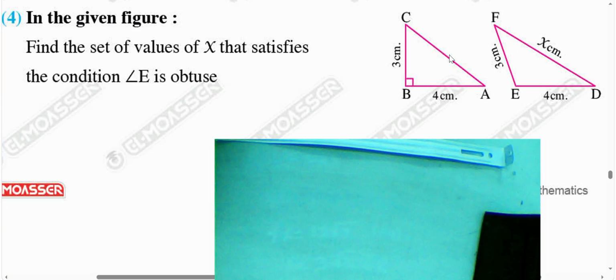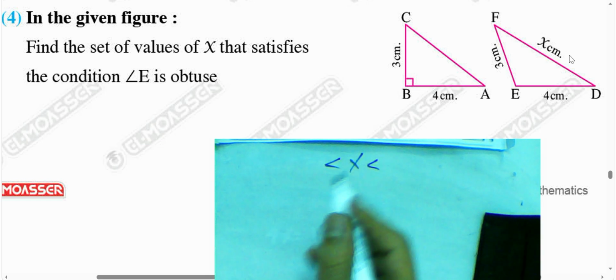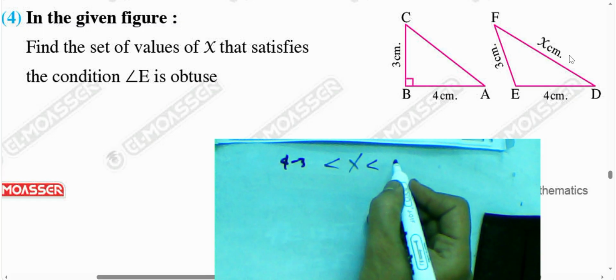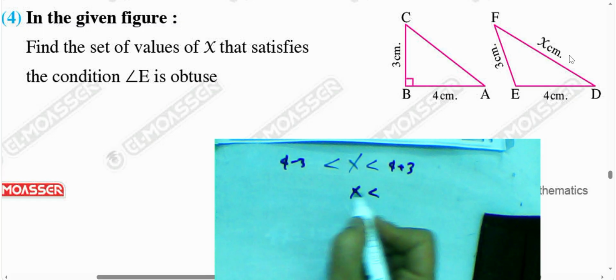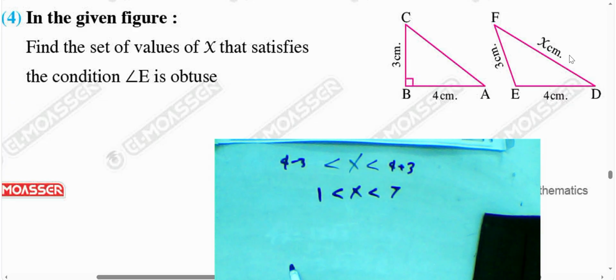We have here a right angle triangle, and CA from Pythagoras theorem will be 5 centimeter, and x is greater than the difference between two sides, 4 minus 3, and less than 4 plus 3. Then x greater than 1 and less than 3 plus 4, 7. X lies between 1 and 7.